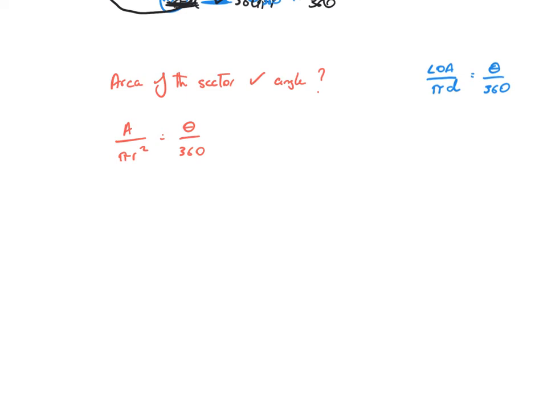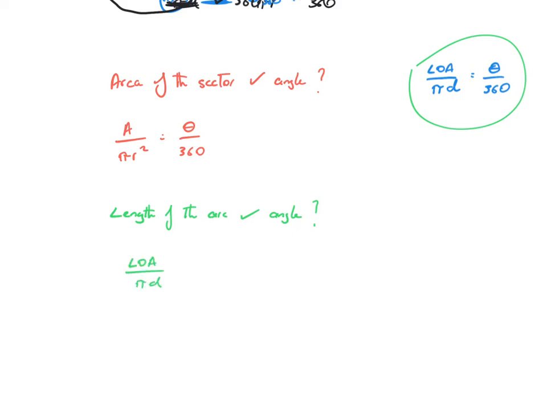Now, when we've been given the length of the arc, and we're looking for the angle at the centre, and that's been true in the questions in this video, then we would use this one, length of arc over pi d equals theta over 360.